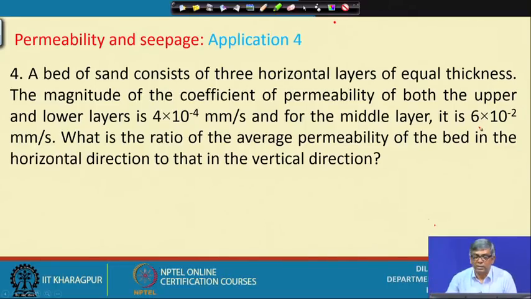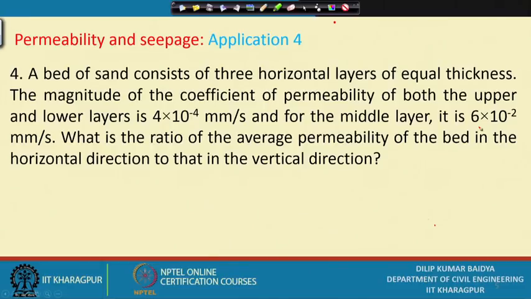That means, there may be 2 clay layers at top and bottom where permeability is low, and in between there may be a sand layer where permeability is very high, 10 to the power minus 2 and 10 to the minus 4, that is 100 times. So, when flow is taking place, how to calculate? We have to use the equivalent permeability concept.